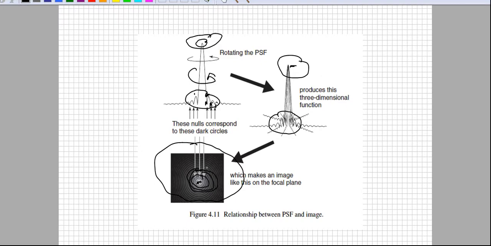So you get these dark concentric circles around the bright central peak. That's sometimes called the Airy pattern or Airy disk that a point source produces on the focal plane of an optical instrument. The thing to take away is that that point source does not produce a true infinitesimally small point on the focal plane. It produces a region of brightness on the focal plane.